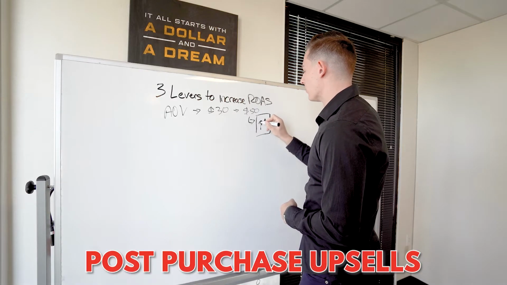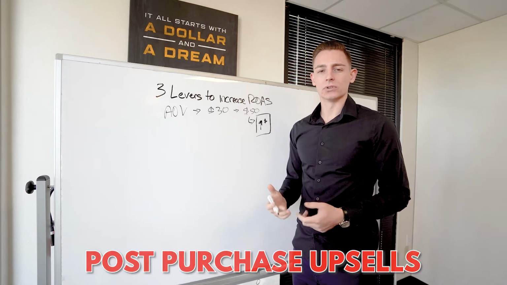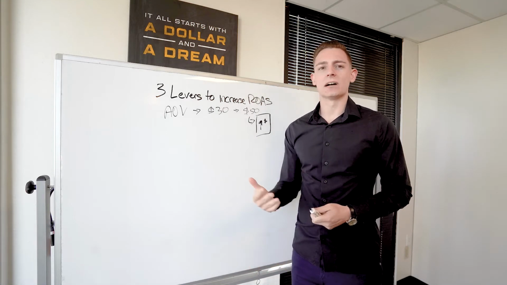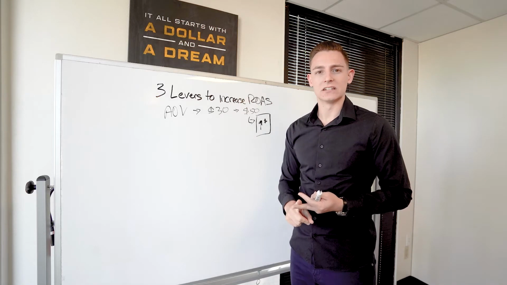So this is gonna be more inventory either of the same product or these could be different bundles. So if you're selling, let's say supplements, right? I just bought whey protein or I just bought creatine or something like that.